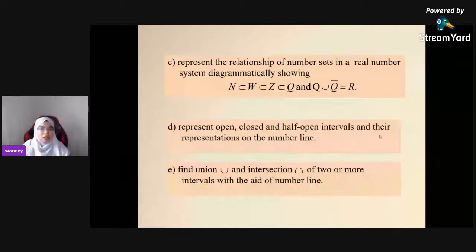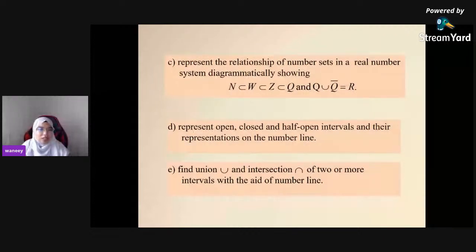So natural number is a subset of the whole number, and the whole number is a subset of an integer, and an integer is actually a subset of the rational number. And then we need to show using the Venn diagram that when we do the rational number union with irrational number, we are supposed to get a real number.